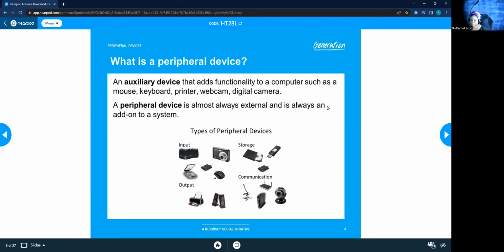A peripheral device is almost always external and is always an add-on to a system. Some of the things that were mentioned are in this picture here, types of peripheral devices. Just keep those in mind. And if there's one slide you should especially pay attention to, I'll let you guys know.